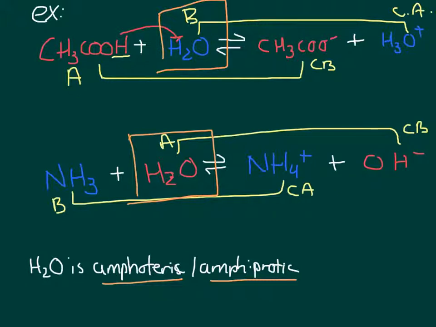It has the ability to accept a proton or donate a proton as needed depending on what it works with. And that's one of the unique properties that water has, which is why it's really important for water in living systems, because it can work with acids and bases and neutralize and do what needs to occur in order to keep us safe.